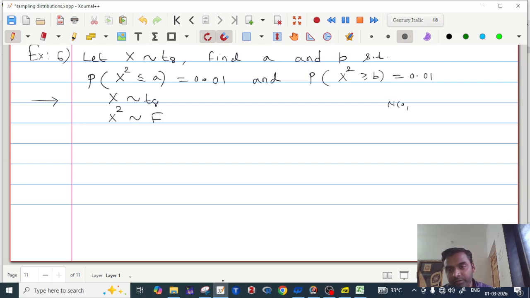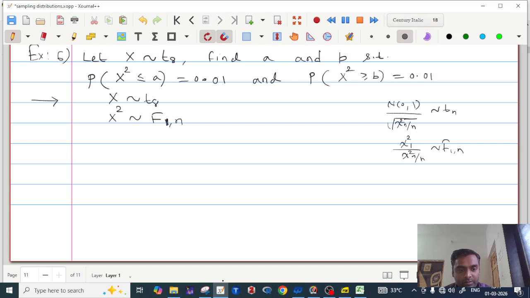Normal 0,1 divided by the square root of chi-square. Squaring this, normal 0,1 squared is chi-square 1. So the property is: if X is Tn, then its square is F(1,n).